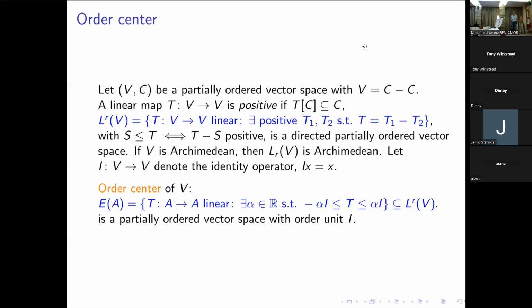The order center is then the space of all linear operators that are between multiples of the identity. And then those are automatically differences of positive ones, so that is inside this partially ordered vector space of regular operators. So you could immediately define it as a subspace of the regular operators, or like this, that doesn't matter. It's a matter of taste how you would like to do that.